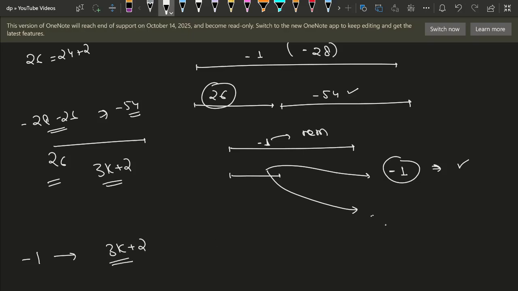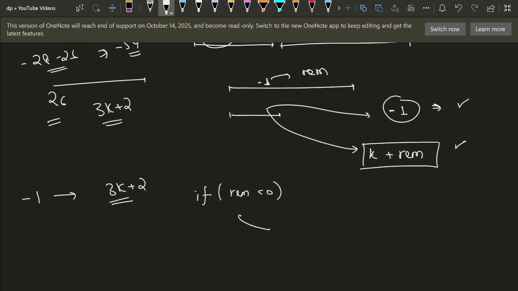So k plus rem, right? If it is negative, we are going to check this also. So if your remainder is negative, you need to add the counts of m of rem and also m of k plus rem.